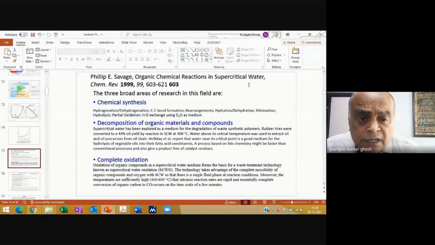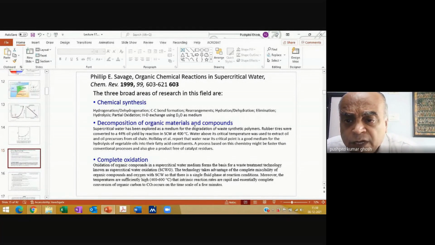Now, there's another class of reactions which have been looked at. For example, today with all this plastics, etc., we are talking about how to degrade the plastics, maybe convert them into fuel. Look at this.